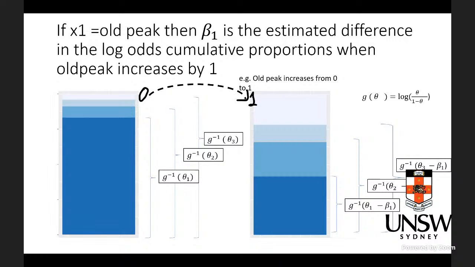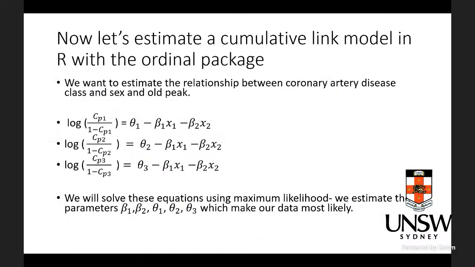So we want to talk about that as a positive slope, and so you get a positive estimate for beta. And I guess that's why when you see cumulative regression equations written out, they've got a negative here, but that's just to reverse everything so that it's in the intuitive explanation.